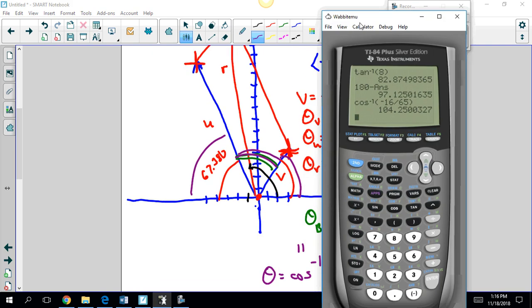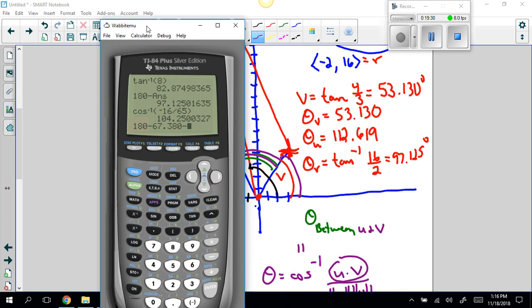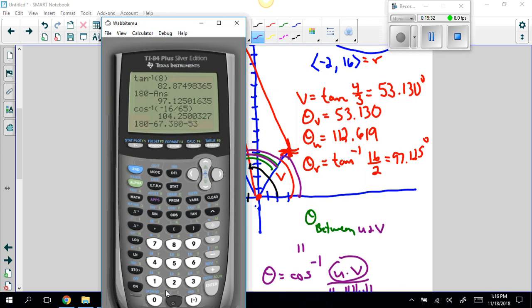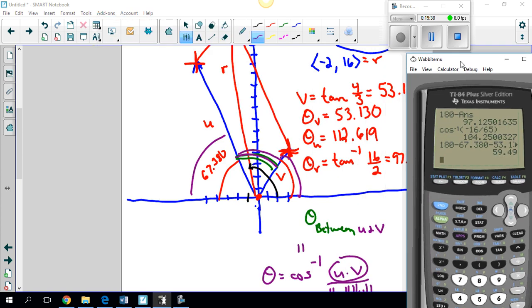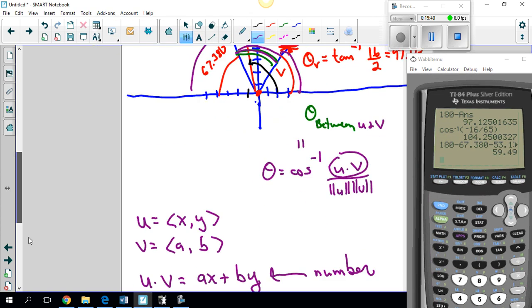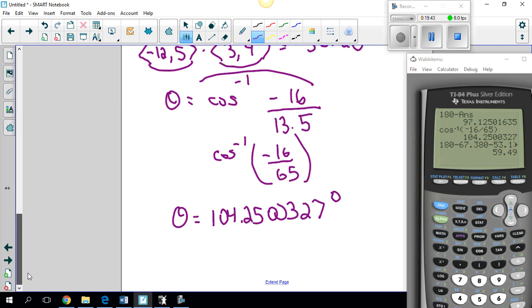So we can go 180, take away that 67.380, take away the 53.130, and we get 59.49. What went wrong? 59.49.